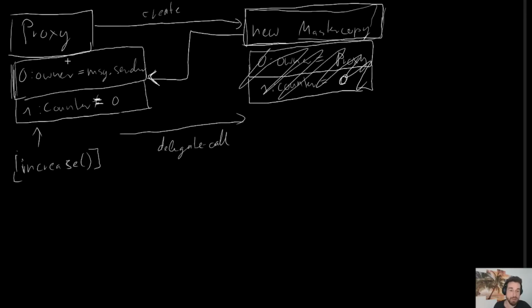And that's why only the deployer of the proxy can call increase. And then if the only owner check passes, then the increase function will increment the counter +1 in the proxy, because, as we said, the code is being executed in the storage of the proxy. So the counter in the proxy at storage slot 1 is being increased by 1.